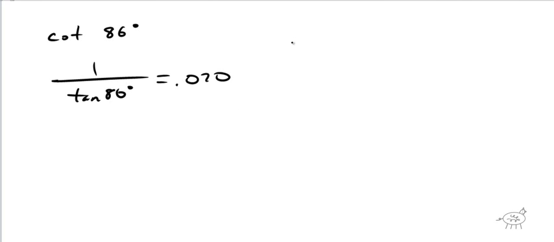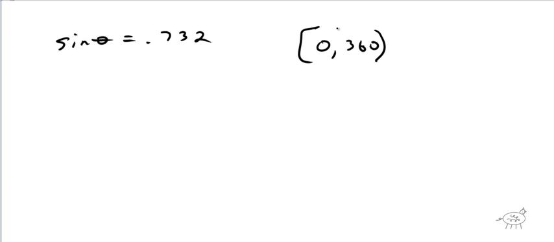So let's look for an angle now, because I think that's always an issue. If I had sine of theta is equal to 0.732. That's again pretty easy, and I'm going to tell you it's between 0 and 360. That means you're going to do inverse sine, because you're going to find the reference angle, inverse sine of 0.732.